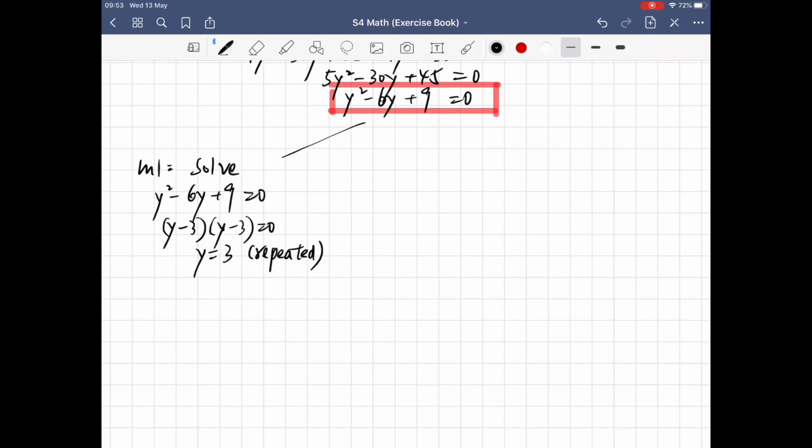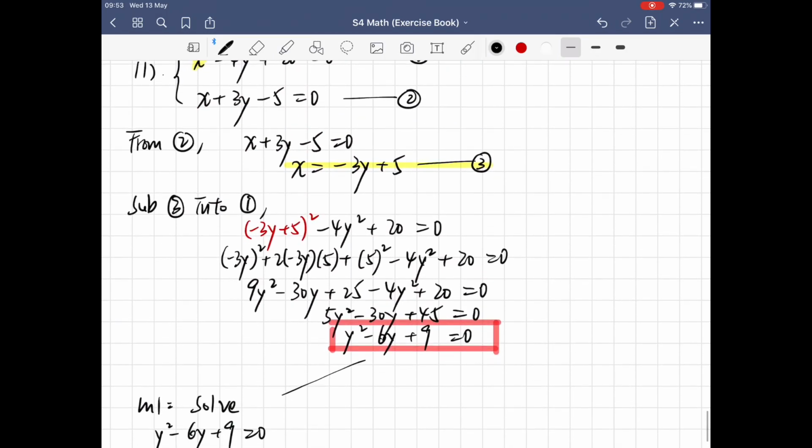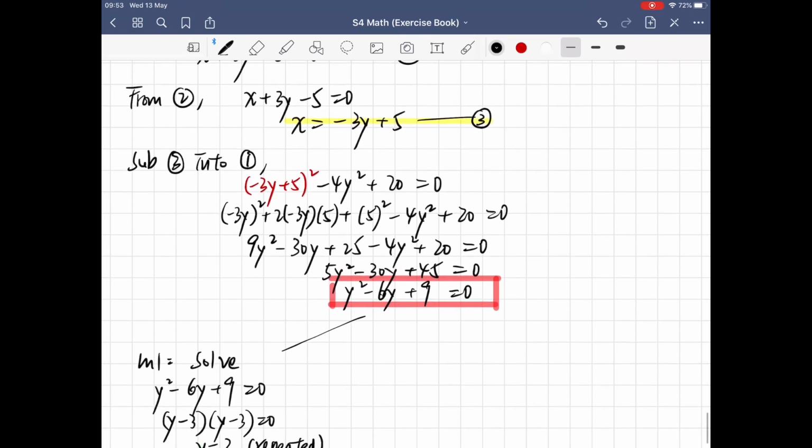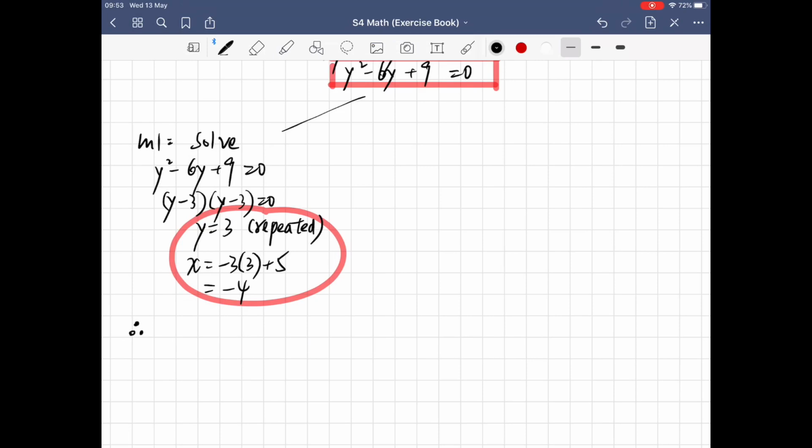Then we have to also find the value of x using equation 3, x equals negative 3y plus 5. So we substitute y equals 3 back into equation 3, and we get the answer of negative 4. Finally, we know that x and y are repeated with only one solution. Then in this case, we know that there is one real solution.